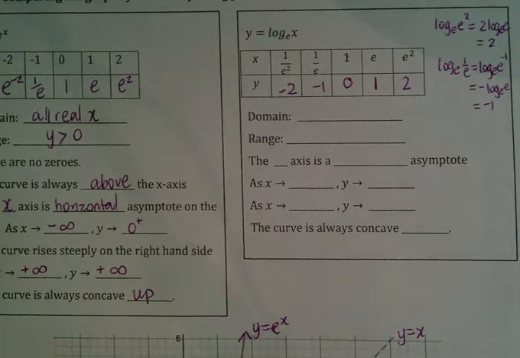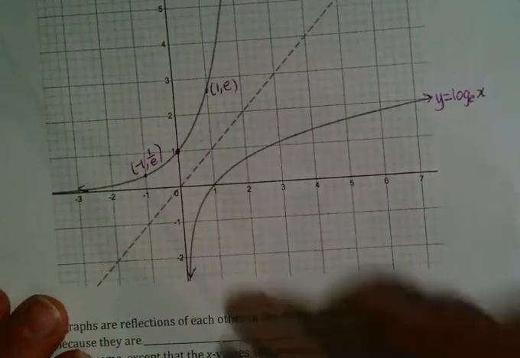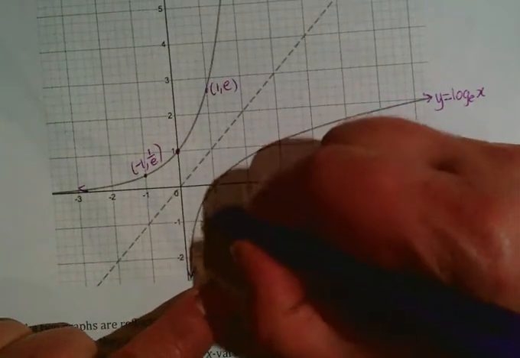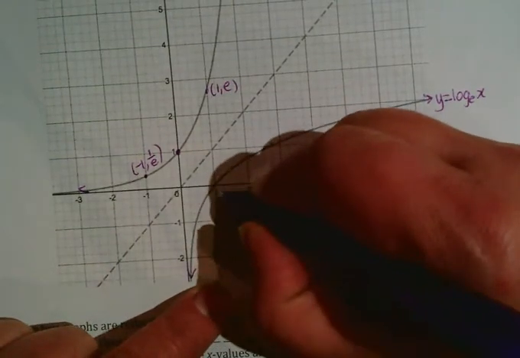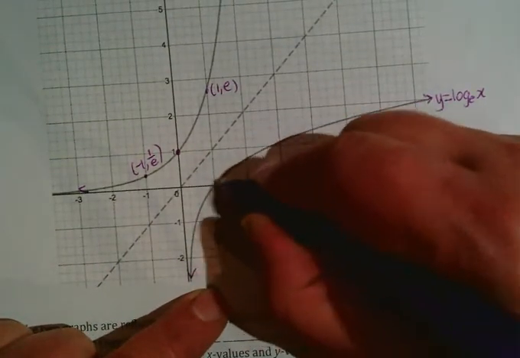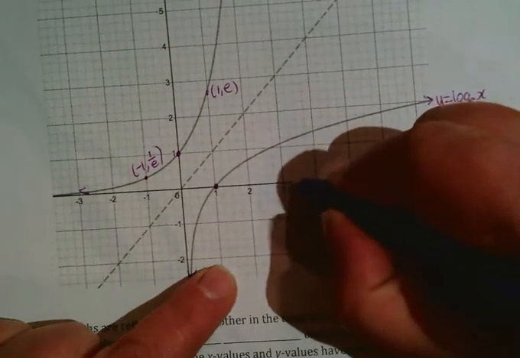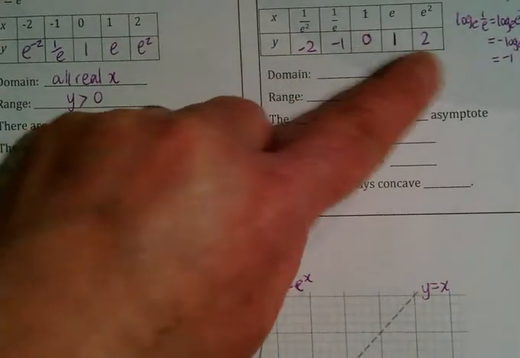Now I just want you to go down and plot those values. You won't be able to do 1 on e squared and 1 on e, but you can do the point (1, 0), and we've got the point (e, 1) and (e squared, 2).